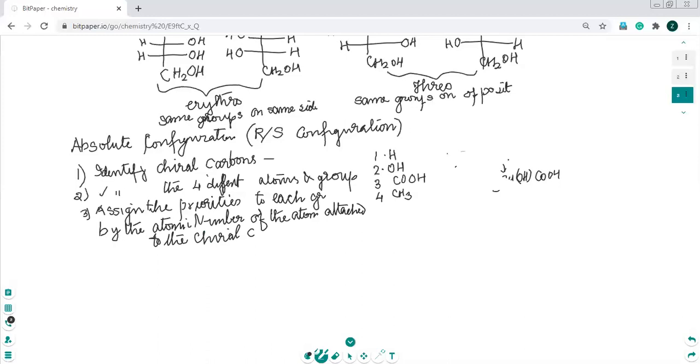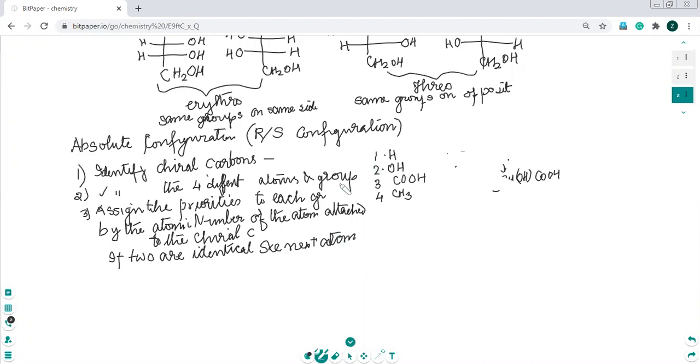If 2 of them are identical, see the next atom and assign the priority.